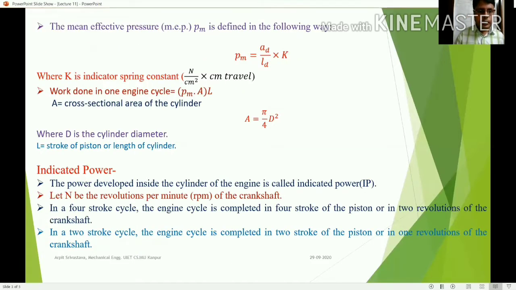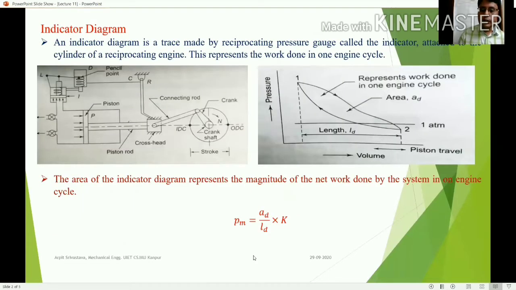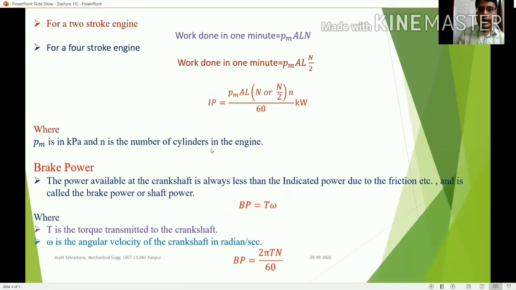In the last slide, in a 2-stroke cycle, the engine cycle is completed in 2 strokes of the piston, or in 1 revolution of the crankshaft. Since it is completing in 1 revolution of the crankshaft, we use simply N here to calculate work done. But if we talk about the 4-stroke engine, the total cycle is completed in 2 rotations of the crankshaft.